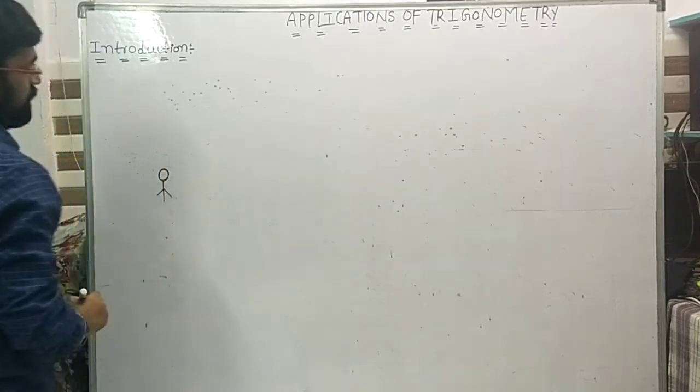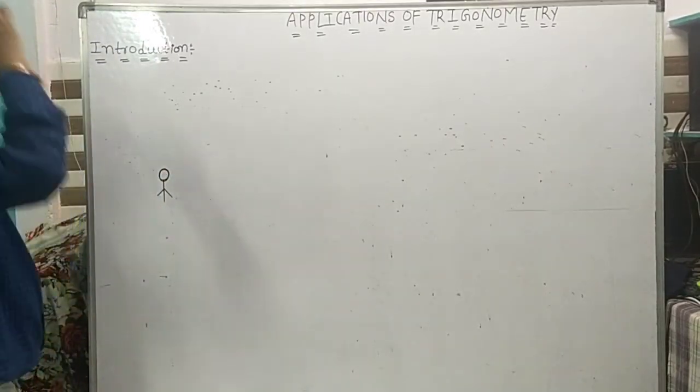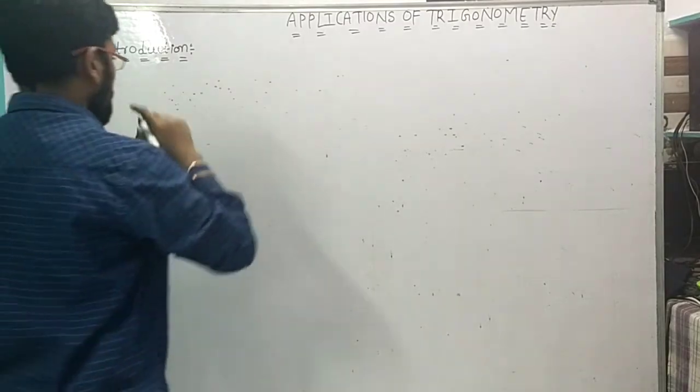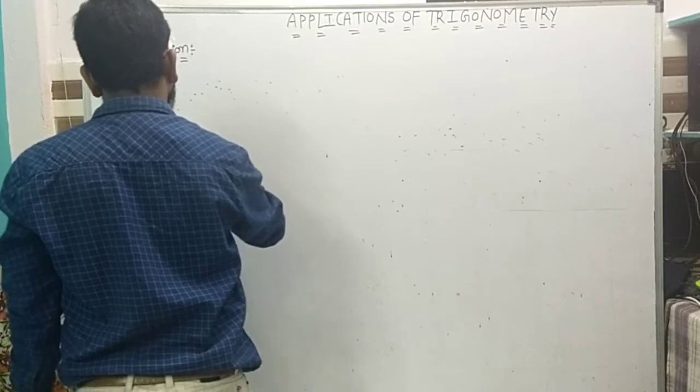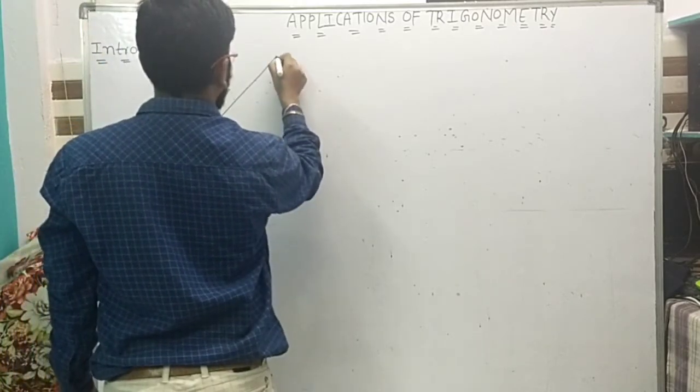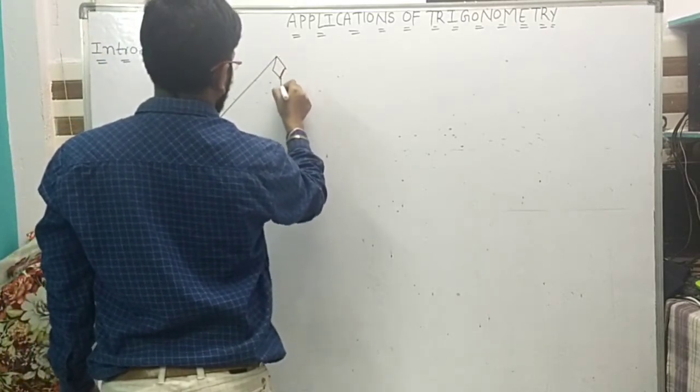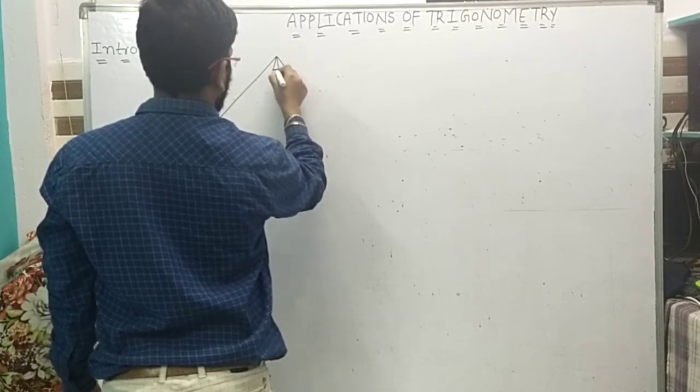Okay, let's take that this person is seeing a kite, which is flying here.